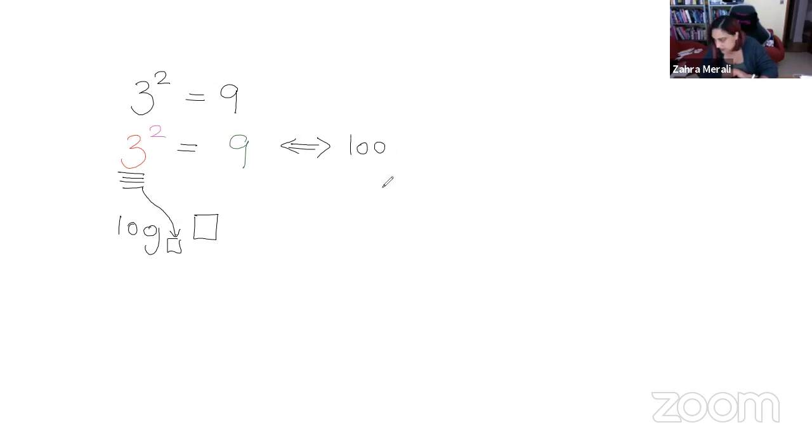So this is going to be the same as log to the base 3, 9 equals 2.